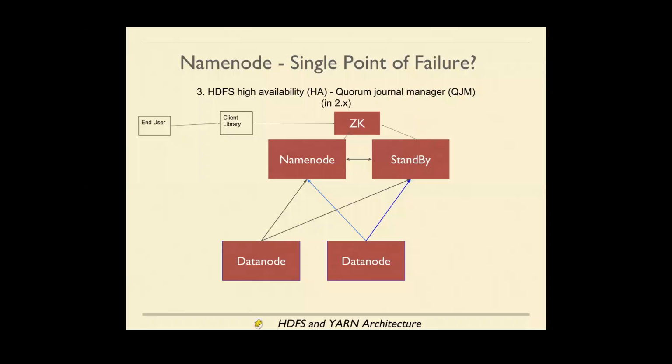The logic in every name node is like this: name node checks with zookeeper. If there is already somebody active, then it doesn't become active. If there is nobody active, then it will become active, and the same logic applies to all the name nodes.